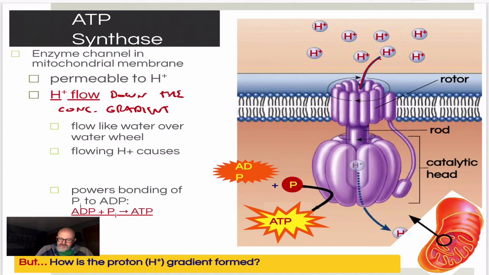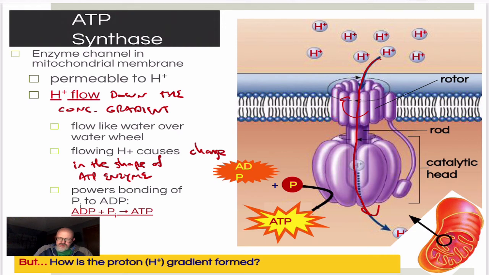As they flow through, they cause this thing to rotate, and as it rotates, that causes a change in the shape of ATP synthase, which is an enzyme, and that change in shape powers the bonding of ADP and phosphate to make ATP.